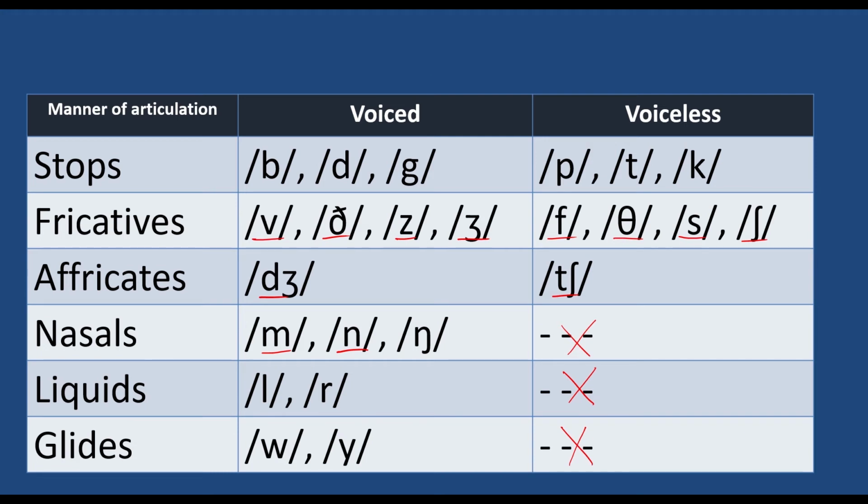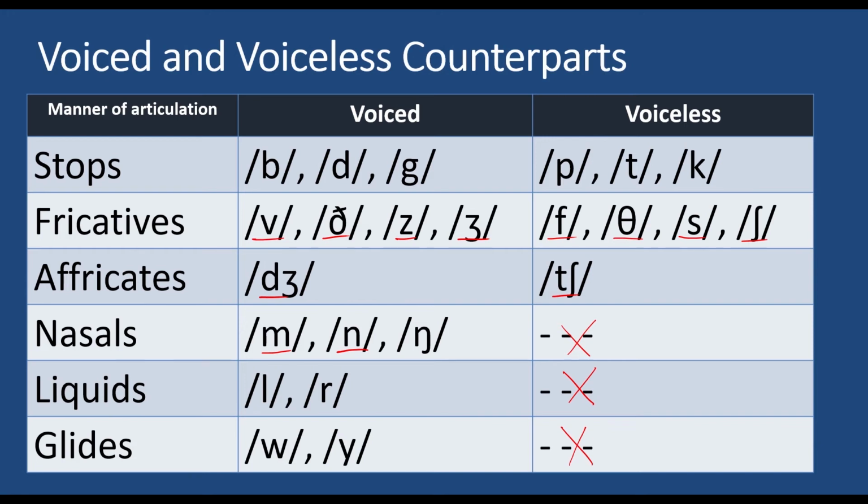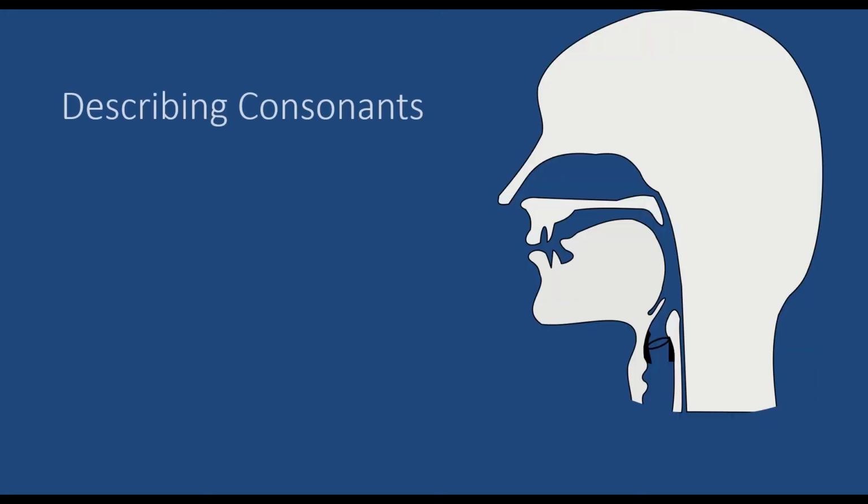So this is what we mean by voiced and voiceless counterparts. So stops, fricatives, and affricates have a pair, while nasals, liquids, and glides do not have a counterpart or an evil twin, if you want to look at it like that. So when we look at describing consonants, we're talking about how to use voicing, place, and manner to know exactly what consonant it is. So if we take the ch, you could start off from any point.